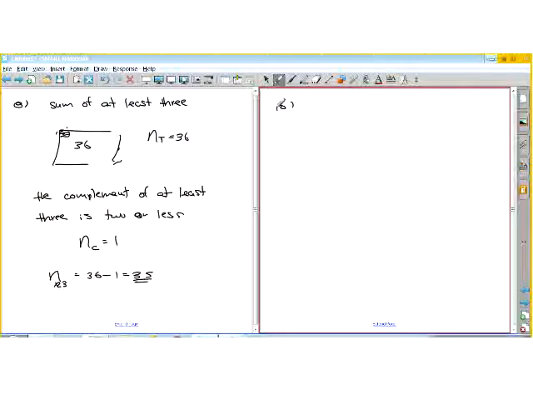Okay, number 10, same setup here. A different number on each die. So the complement of a different number is the same number.